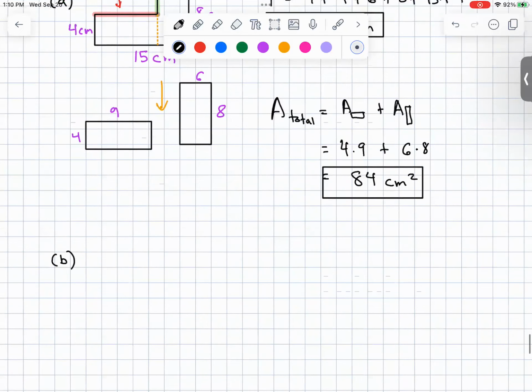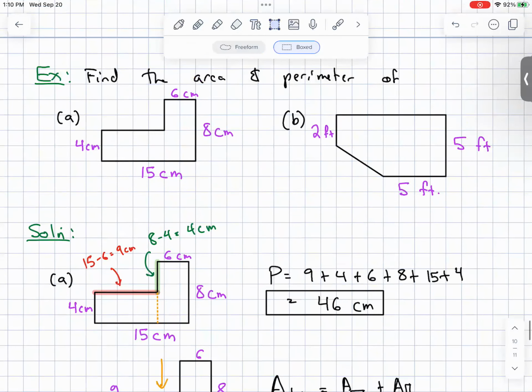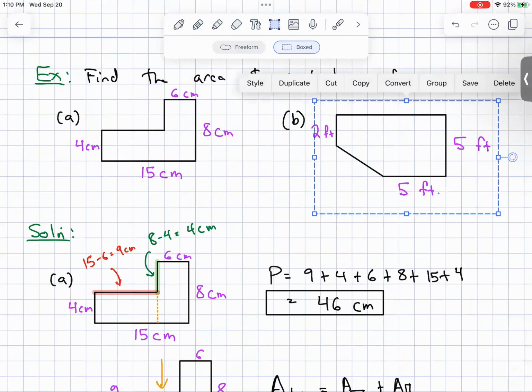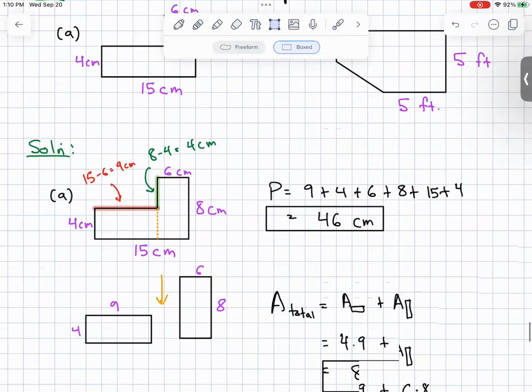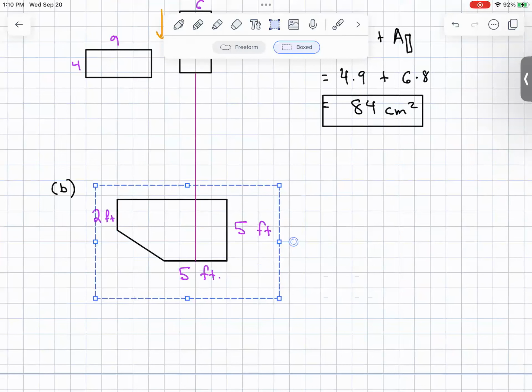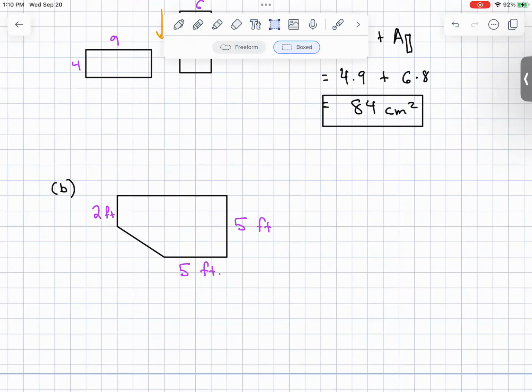But this one here, this one's a little more fun. I like this one a lot. Because there's a couple ways we could break this down. Problem though, what's that top measurement? It's not there.